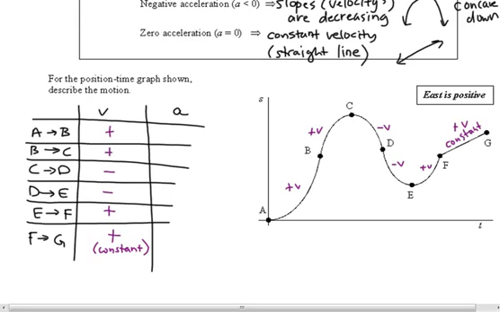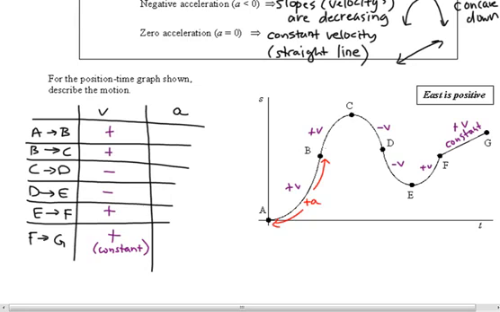Now, on a position time graph, to get our acceleration, this is where we use concave up, concave down. Is it part of a smiley face or part of a sad face? Let's look at A to B first. Part of smiley, so it is positive acceleration.